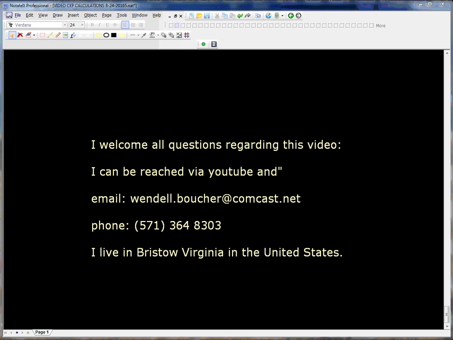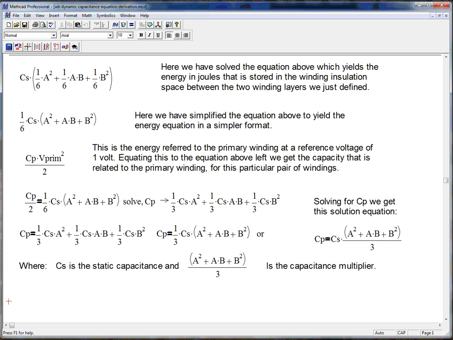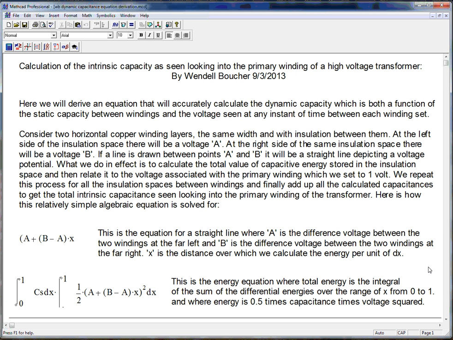Now I'm going to show you the actual derivation of the equations. Here it is. I'm going to leave it on the paper long enough for you to copy it, or freeze your computer and copy it if you wish.